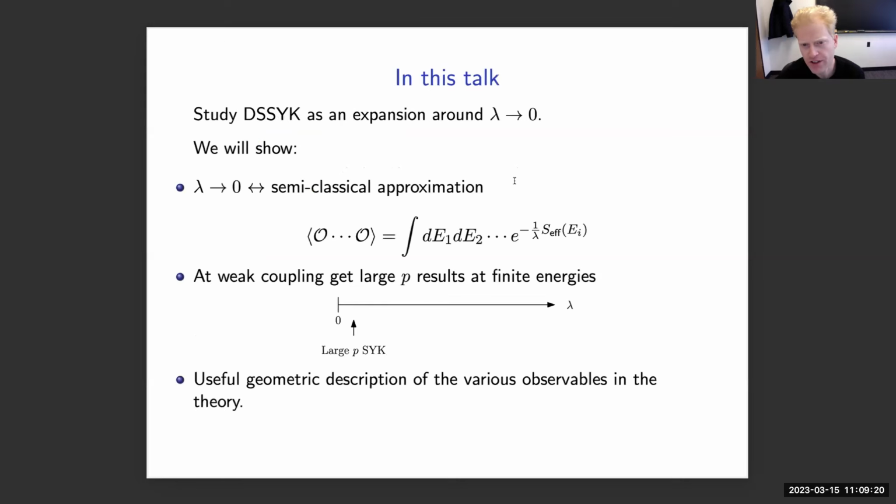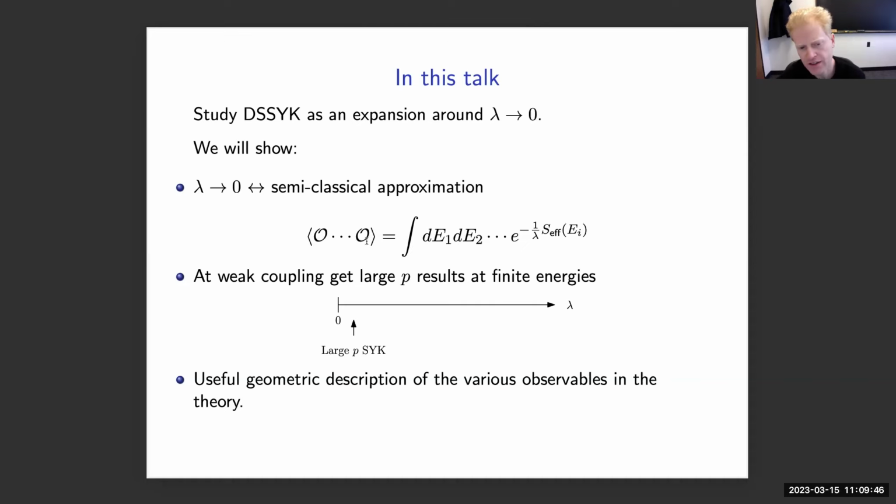Okay, so in this talk, we'll indeed consider this lambda goes to 0 limit of double-scaled SYK, this expansion around small lambda. We will see that this is actually a semi-classical expansion. Any correlation function, instead of the time variable, we can represent in the energy space, as an integral over intermediate energies.